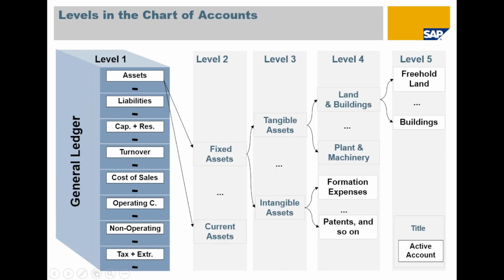The organization of the chart of accounts follows the GAAP, or generally accepted accounting principles, in which there is a separate drawer, or container, for accounts representing the assets, liabilities, equity, which is the capital and reserves, the revenues, which is the turnover, the cost of sales, expenses for operation cost, and then non-operating income and expenditure, as well as the other revenues and other expenses or taxation and extraordinary items.